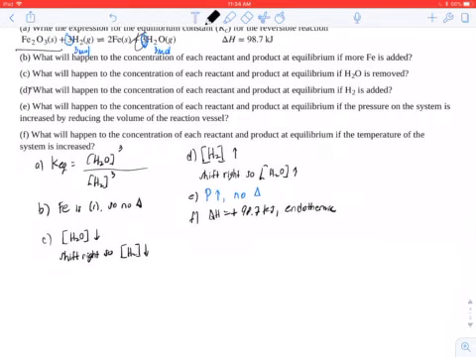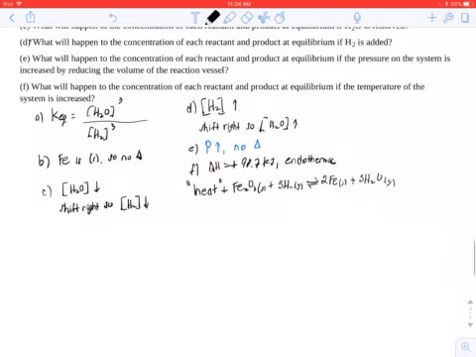So let's rewrite our chemical equilibrium with the word heat here as a reactant. All right, we've got this all set up to think about it.